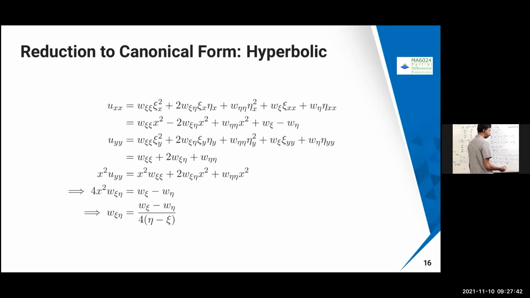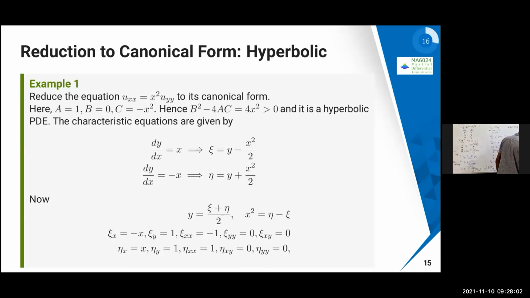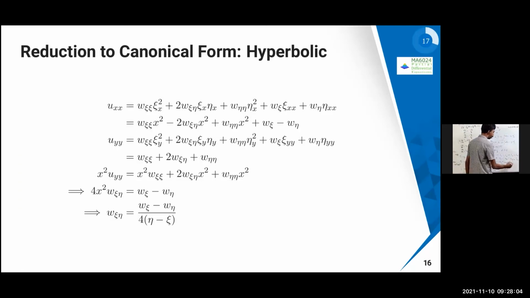Then you are going to have w chi into chi xx. Chi xx is minus 1, so you are going to get minus w chi. Wait a second, there is a typo here, it should be w chi.